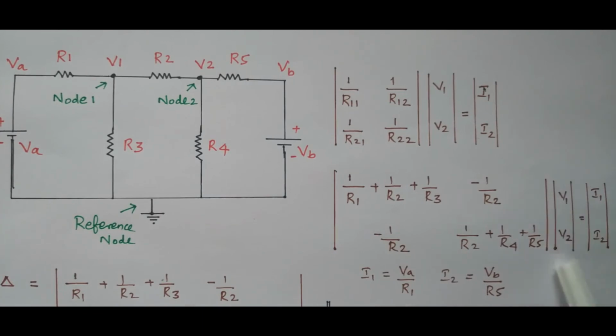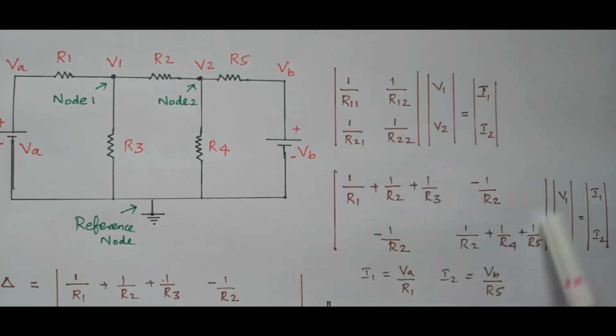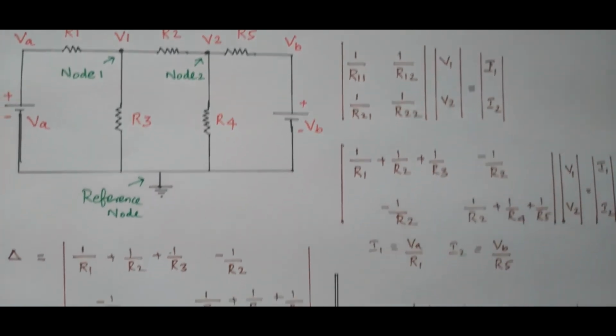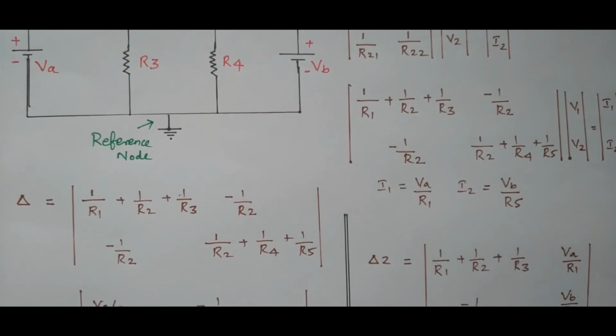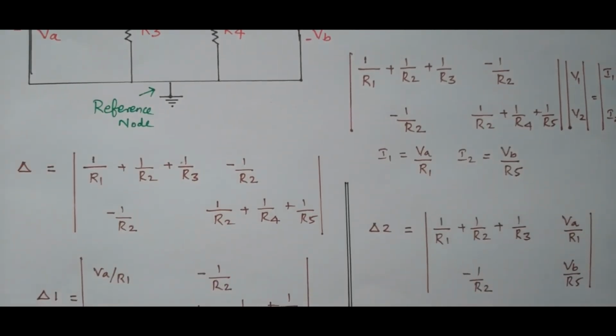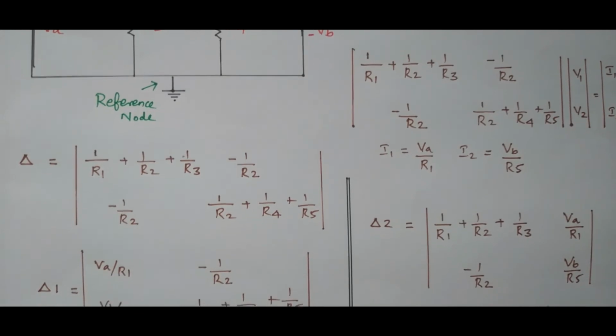Then how will you find this voltage V1 and V2? For that we need to consider this matrix as the delta matrix. See this, this matrix is delta. By finding the determinant value, we can find the delta value. Then we have delta 1 and delta 2.